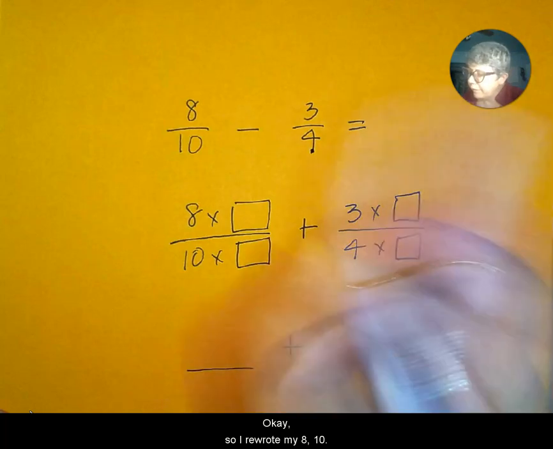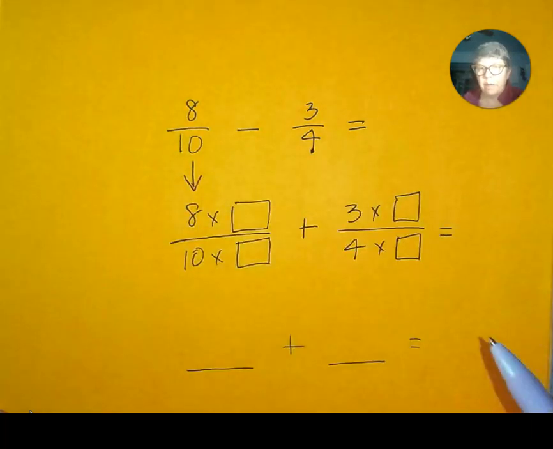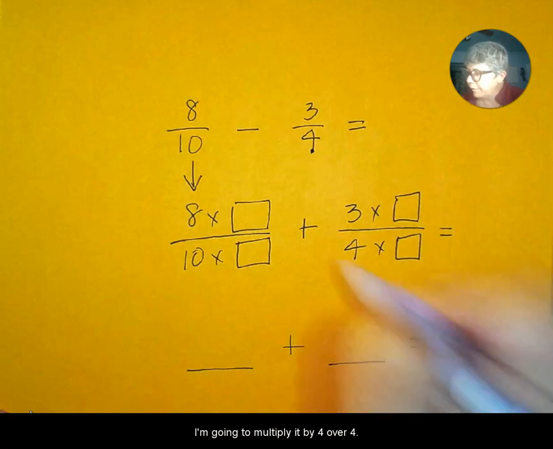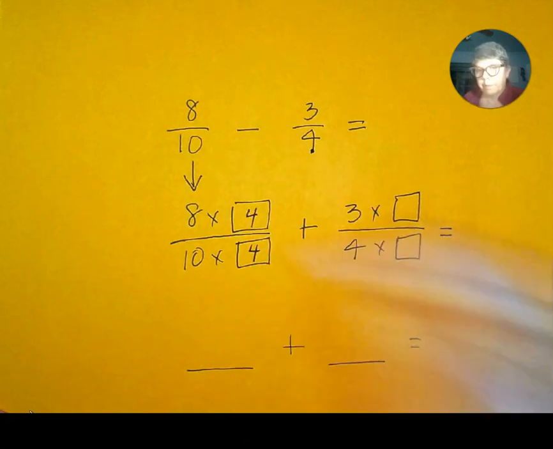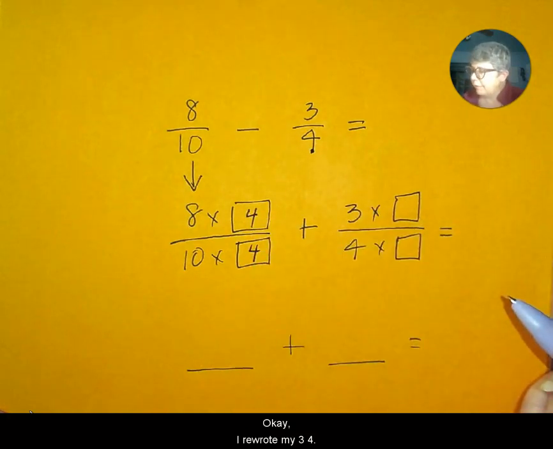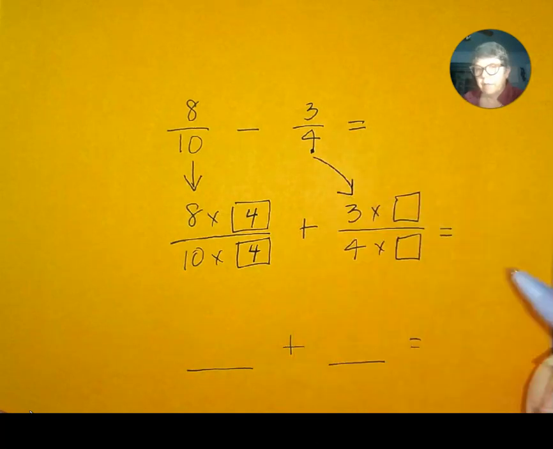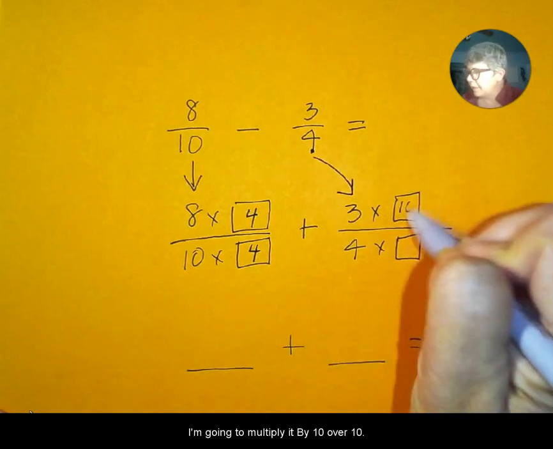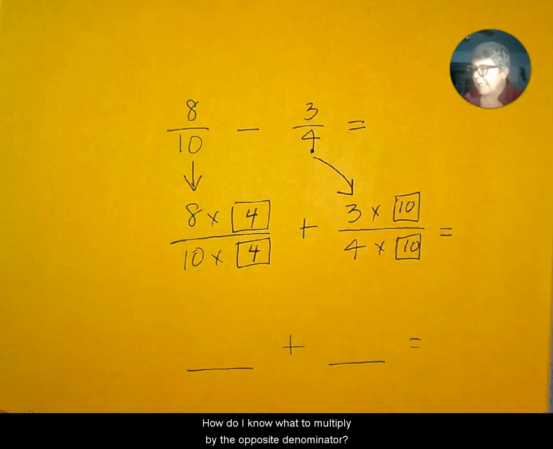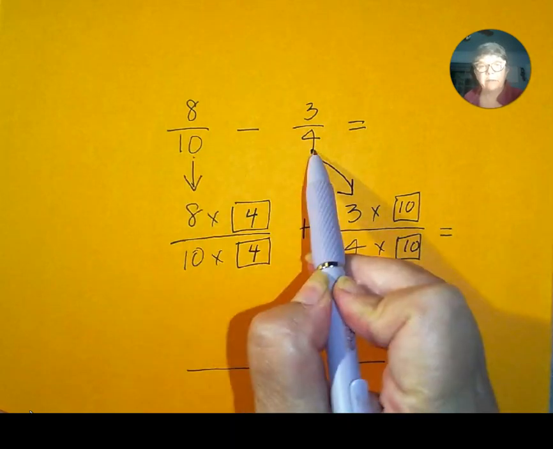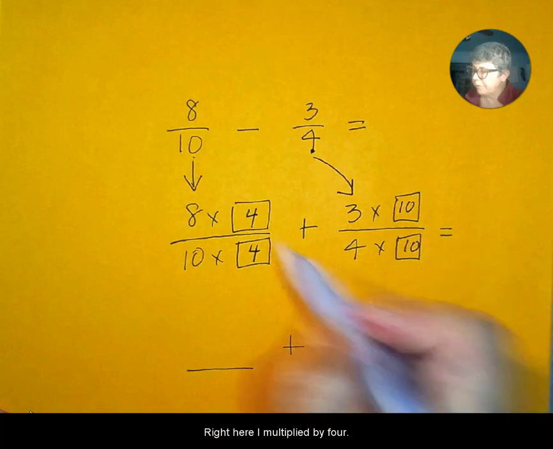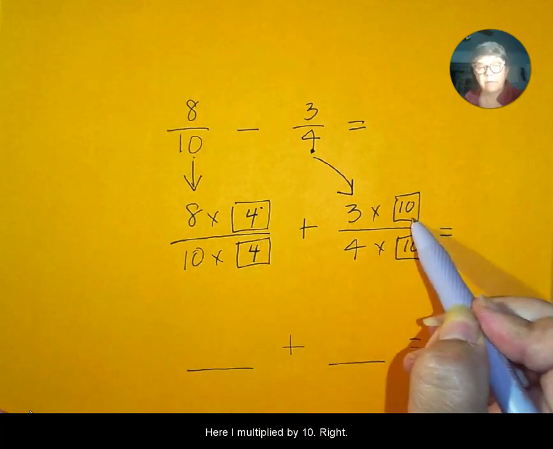That frequently happens, and that's just fine. Okay? So I rewrote my 8/10. I'm going to multiply it by 4/4. Okay? I rewrote my 3/4. I'm going to multiply it by 10/10. How do I know what to multiply by? The opposite denominator, right? Here I multiplied by 4, here I multiplied by 10, right?